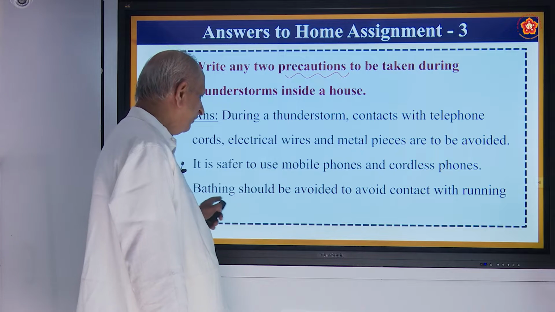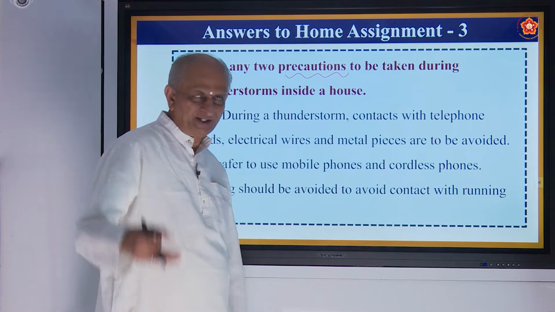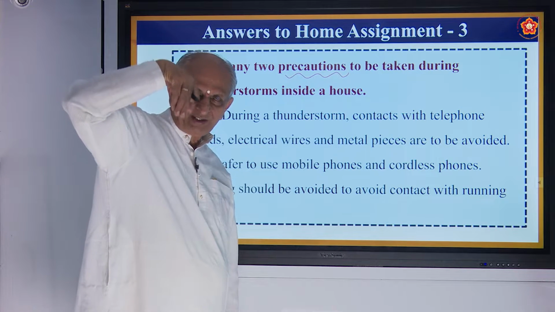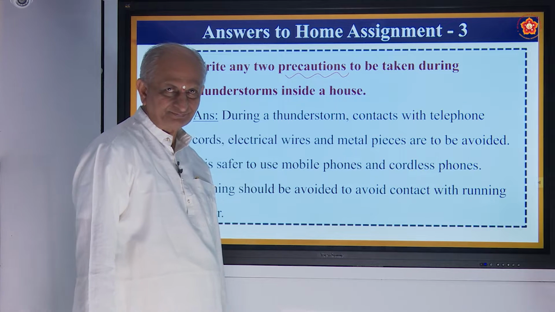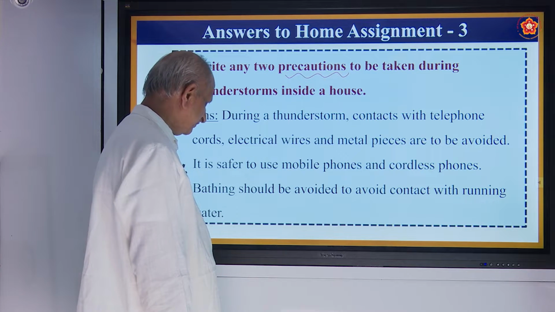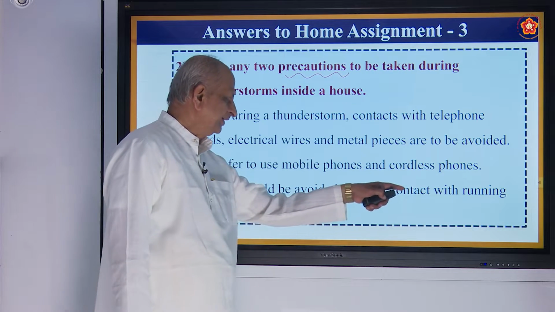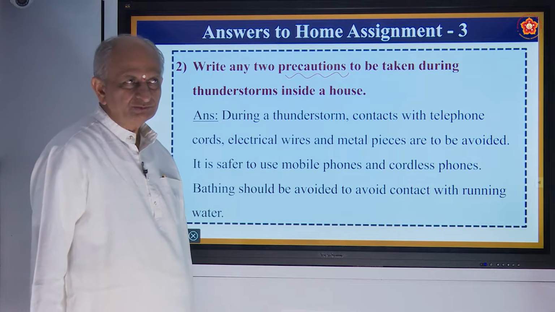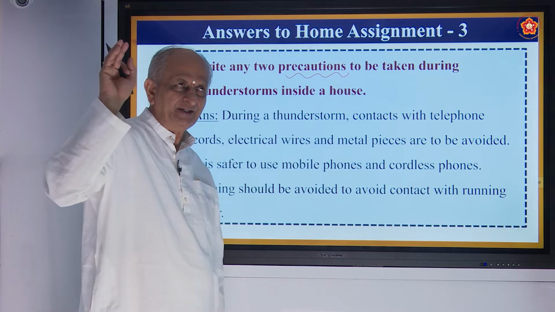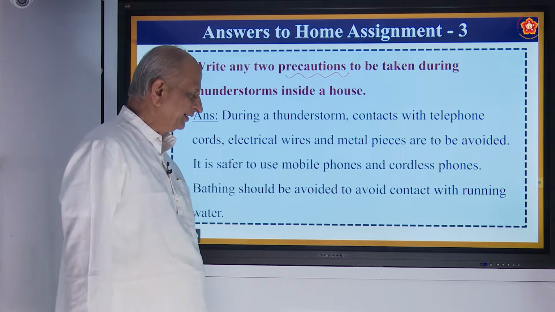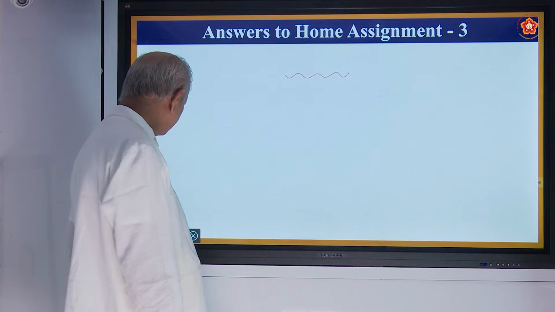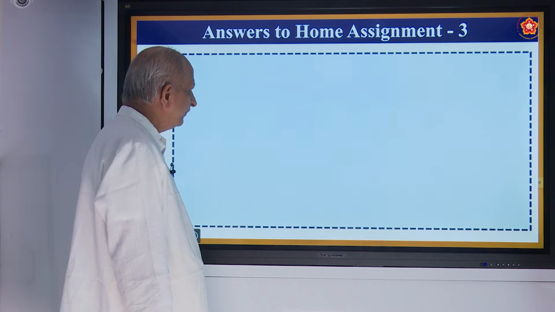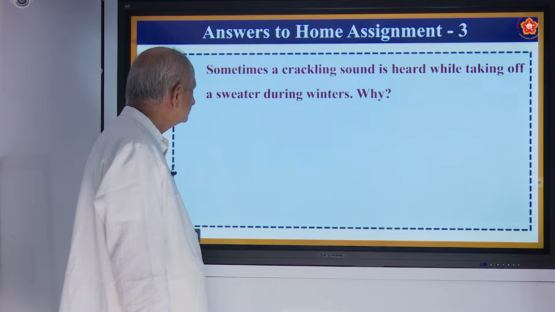Bathing should be avoided, because water is a good conductor of electricity, so it allows the flow of charges. Avoid contact with running water. So when there is thunderstorm and lightning, avoid bathing. These are some of the cares to be taken when you are inside the house.